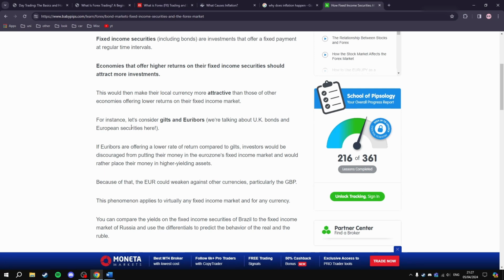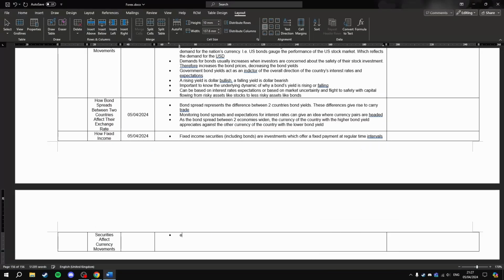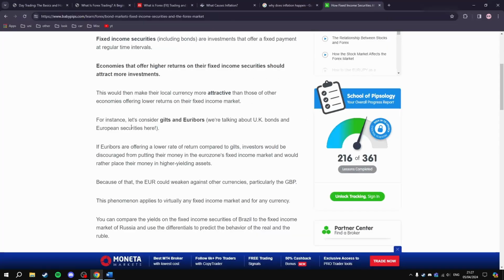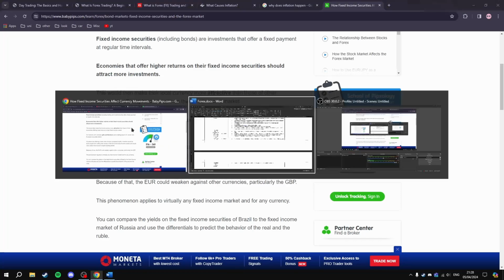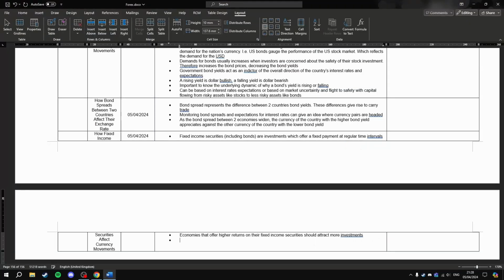Economies that offer higher returns on their fixed income securities should attract more investments because it's a higher return.